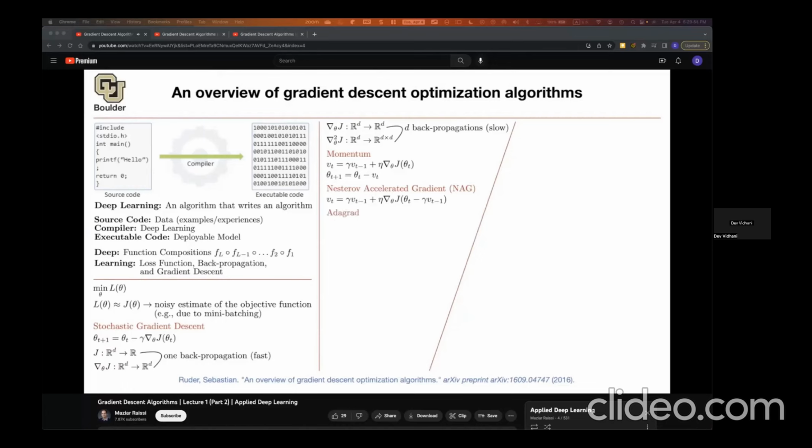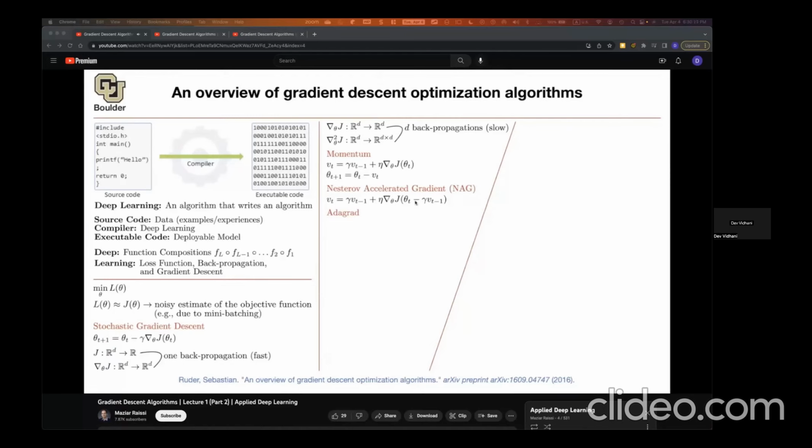And that's going to be the direction that you want to move towards to update your parameters. So it's always a good idea to look ahead and then decide, rather than decide and commit now and then do our actions. That's the intuition behind Nesterov accelerated gradient.